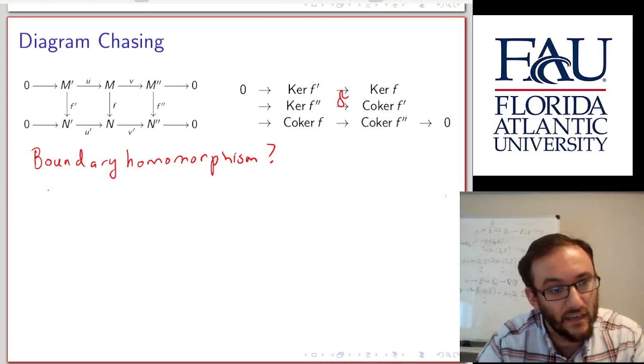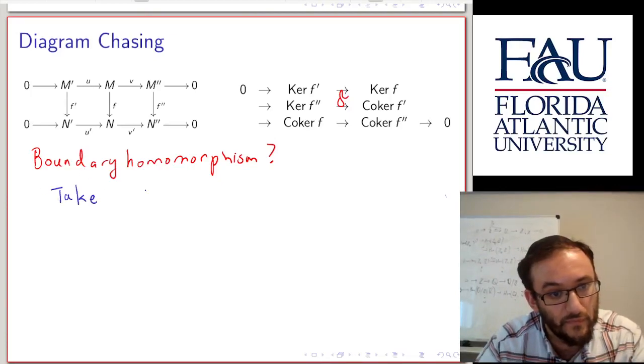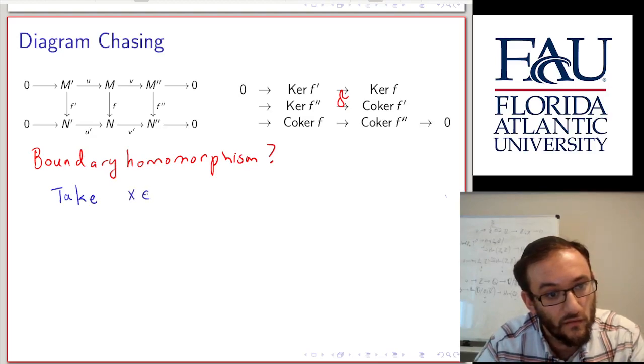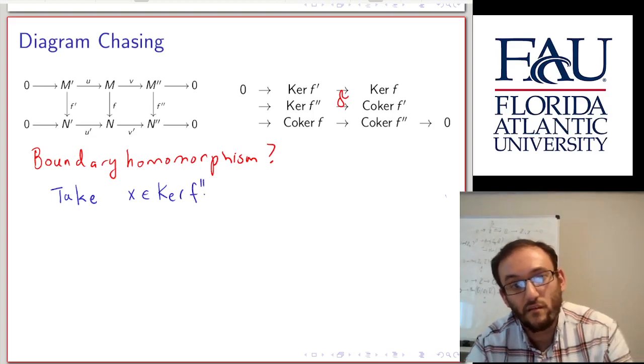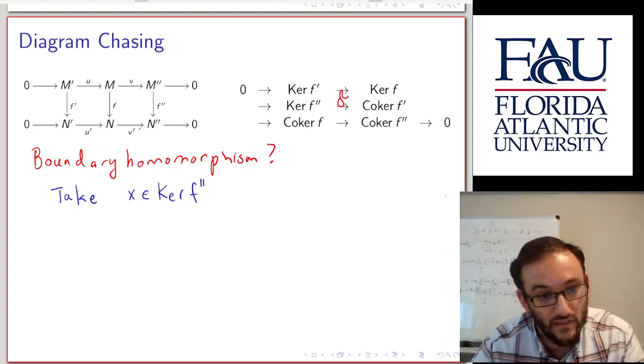We'll start by taking some x in the kernel of f double prime. We want to be able to specify an element in the co-kernel of f prime using this.